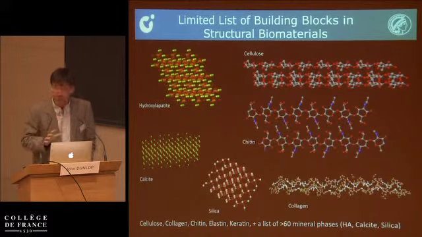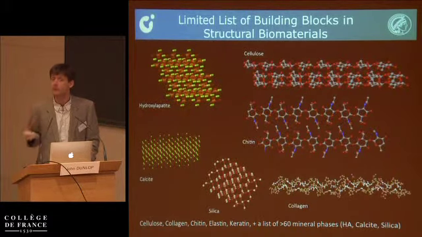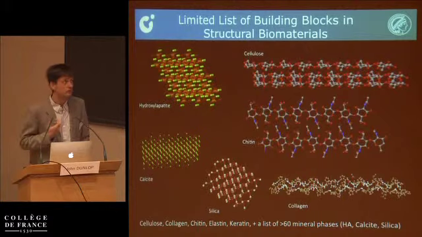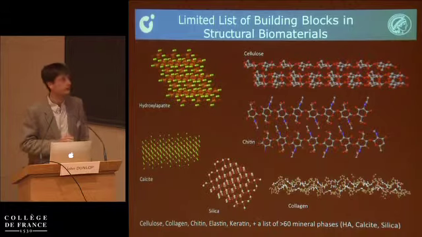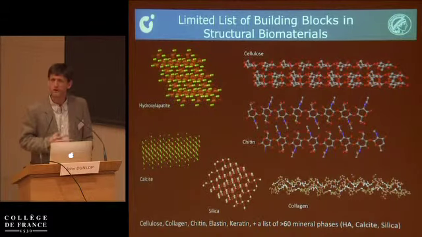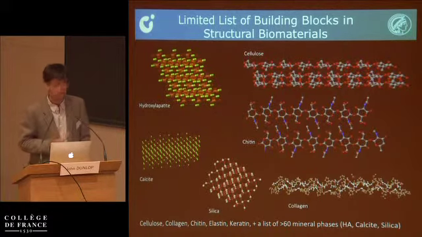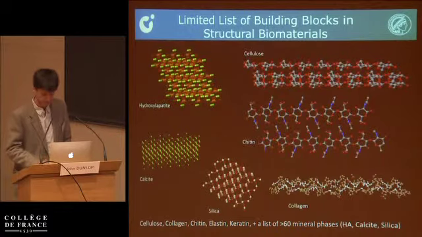Of course, proteins play a very important role here, and Peter highlighted that a little bit yesterday in his talk, where by introducing very small amounts of proteins, for example in glass sponges, you can improve properties drastically. So I'm not saying that proteins are not important, but it's quite a curious observation that the major components of biological materials are fairly limited.